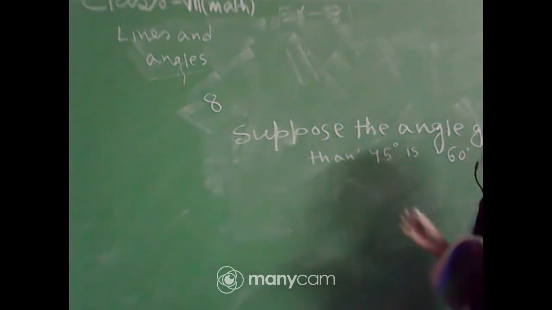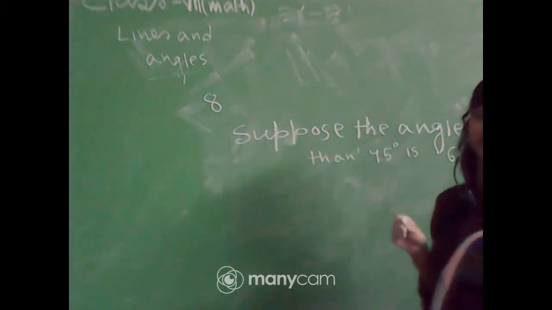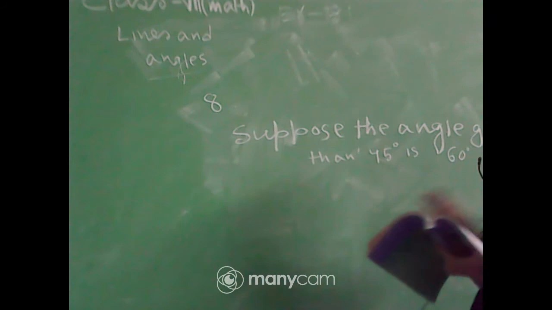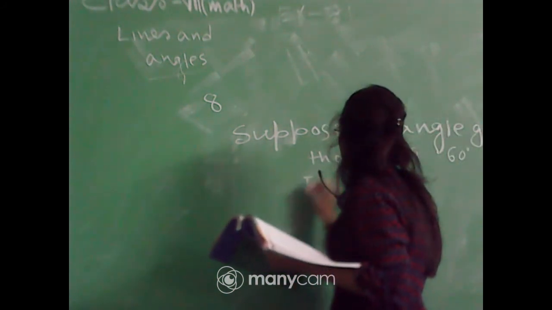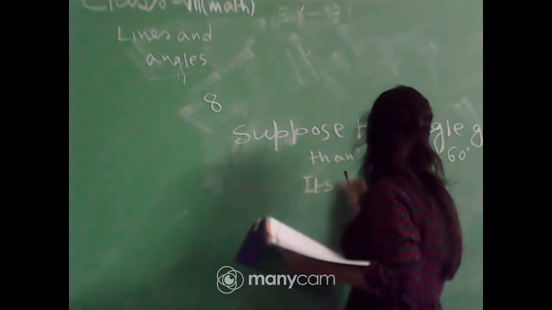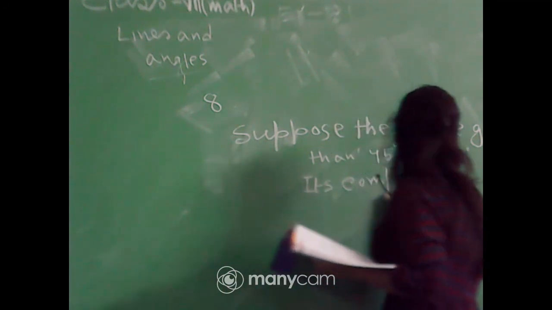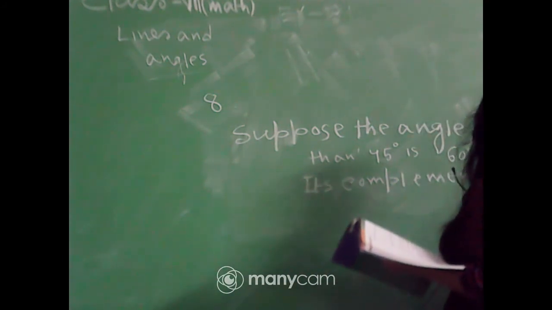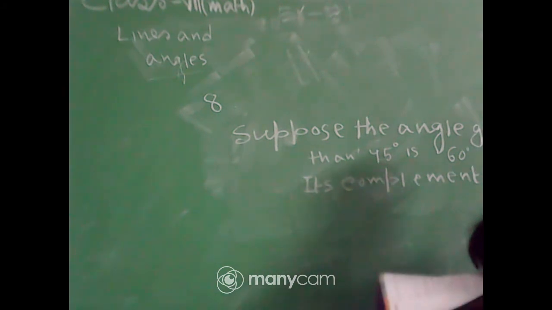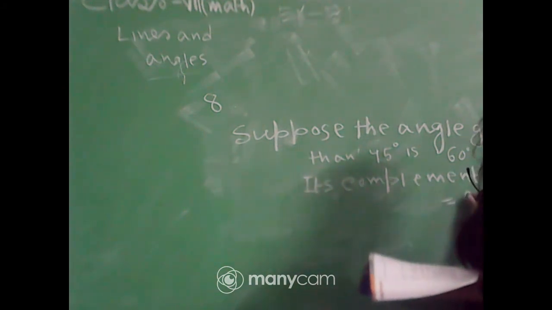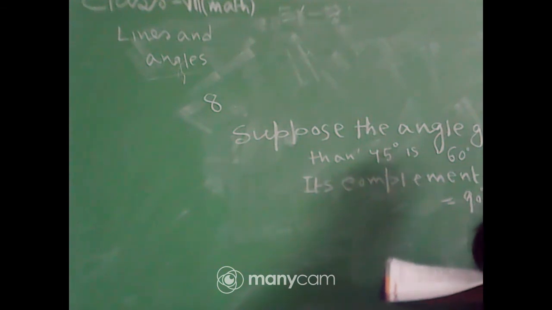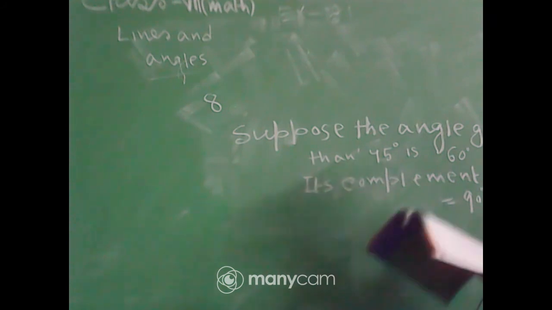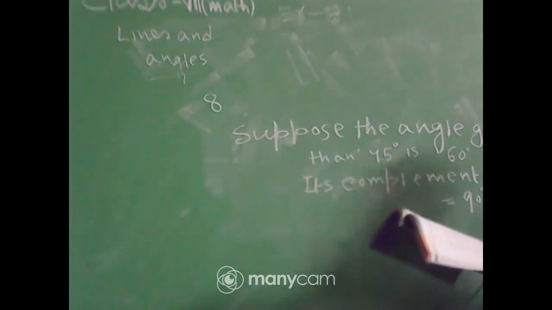We know that the sum of the measures of two complementary angles is 90 degree. Therefore, its complement angle is equal to 90 degree minus 60 degree, that is equal to 30 degree, and which is less than 45 degree.